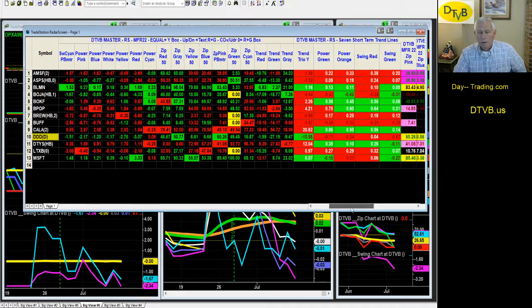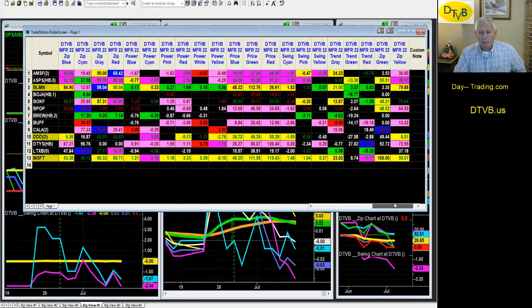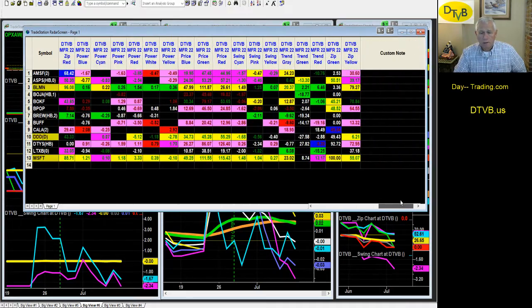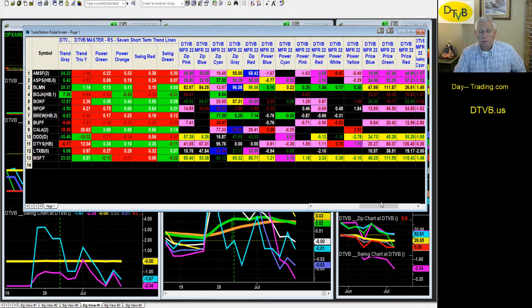So those are the ideas behind what I'm talking about in the three examples here in the radar screen that I have just shown you. The radar screen, like I say, is an instantaneous analysis.